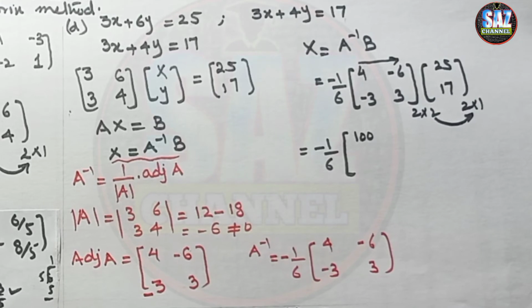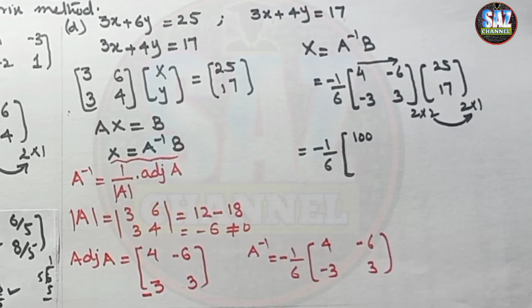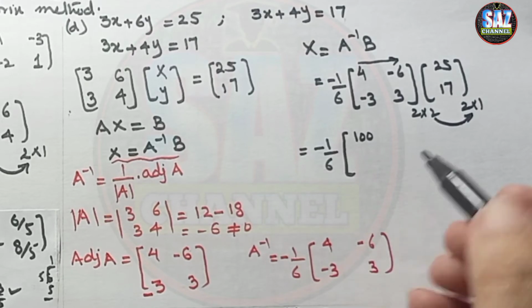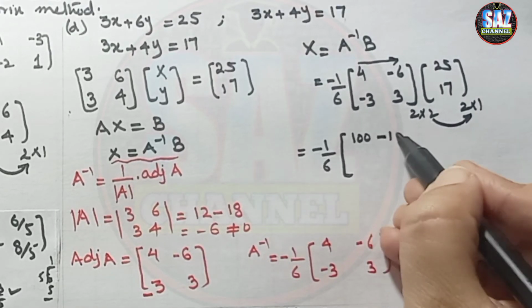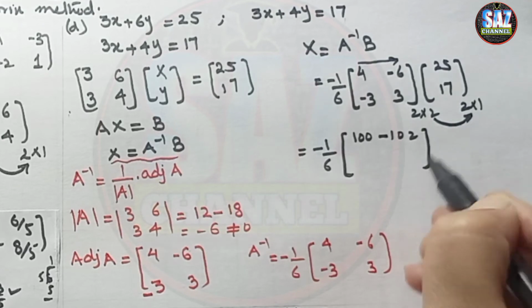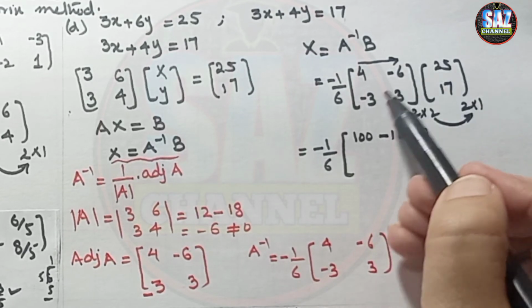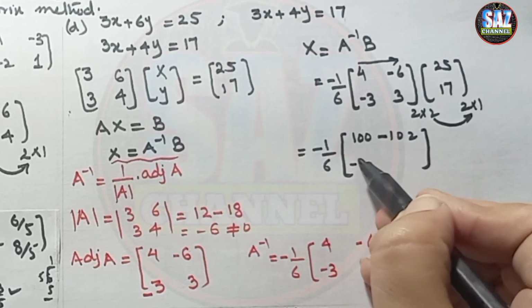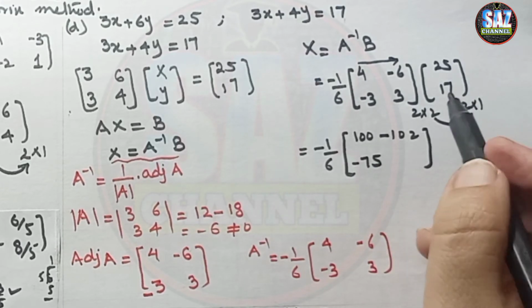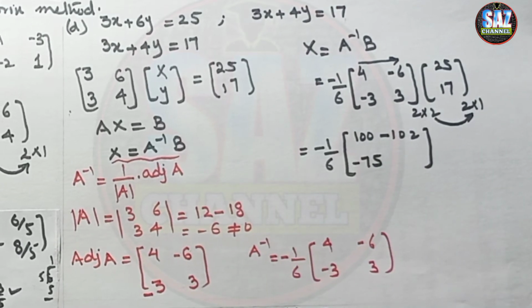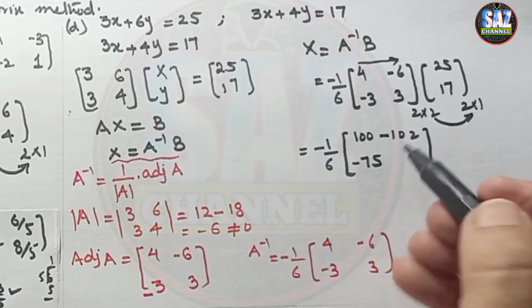17 times 6 gives me 102, with a minus sign. Then 3 multiplied by 25 is 75, and 17 threes are 51.